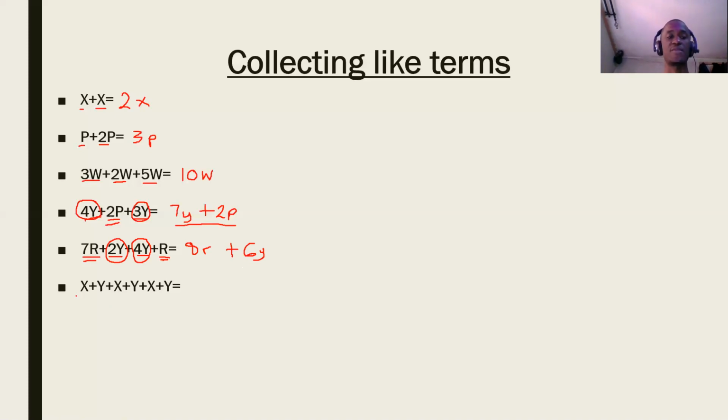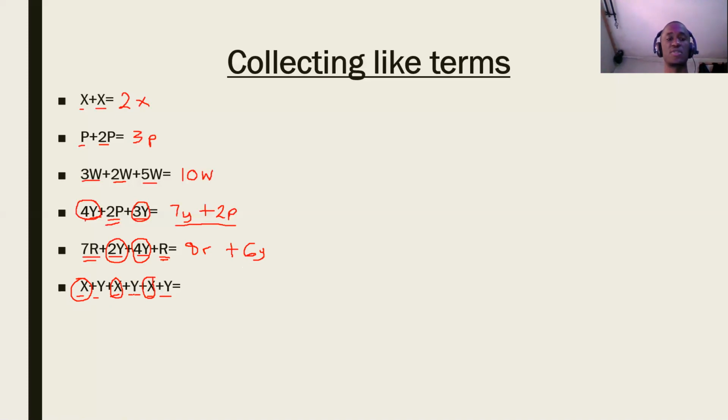Then I have another example here. X plus y plus x plus y plus x plus y. So first of all, we start with the x's, which is x moja, mbili, tatu.